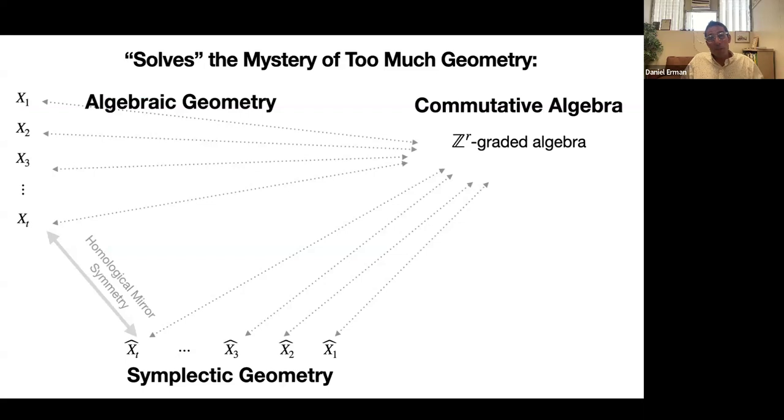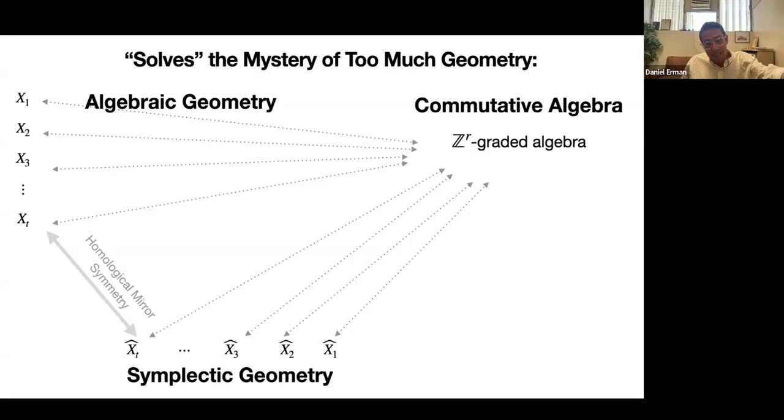From a bigger perspective, for me at least, this solves this mystery of too much geometry, or the multi-to-one correspondence. So again, we had this picture from earlier where I had a multigraded Cox ring, which lives in commutative algebra. It corresponded to a whole bunch of different toric varieties, a finite list.